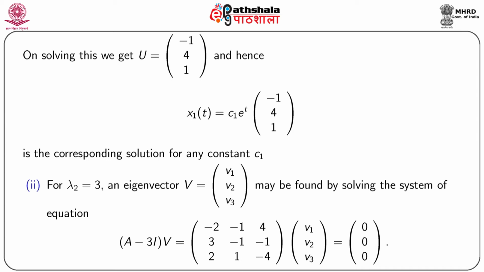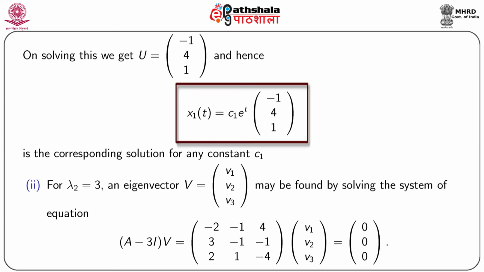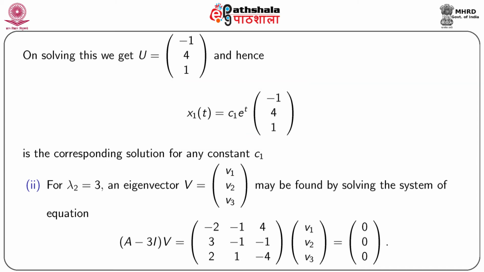And hence we say x1(t) is equal to c1 e to the power t times (minus 1, 4, 1) is the corresponding solution for any constant c1. In a similar manner, for lambda 2 equal to 3, we get the eigenvector from (A minus 3I) V equal to 0.